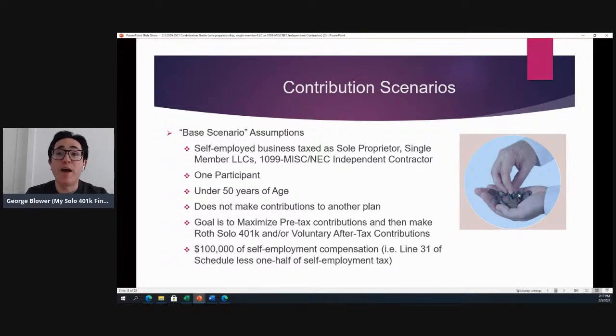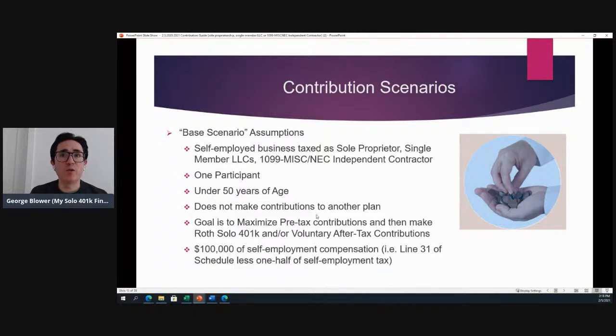If you check out the Mega Backdoor Roth webinar, which I'll include a link to, we did two, one for S corporations and one for sole proprietorships, like this, sole proprietorships, single member LLCs, 1099 contractors, the same audience or the same focus of this webinar, you'll see more detail about that.